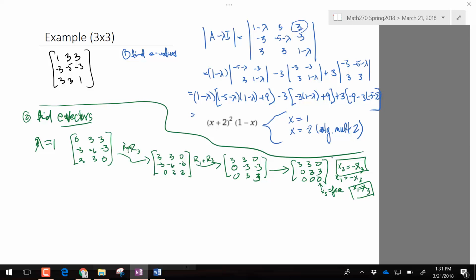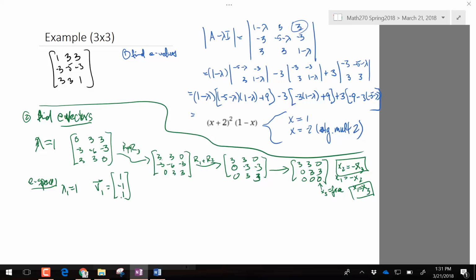Okay. So here we have for our eigenspace for lambda 1 is equal to 1, then our v1 vector is going to be, just take the x3s out. So I have a positive x3 and negative x3 and positive x3. So the eigenvector for this should be 1, negative 1, 1.